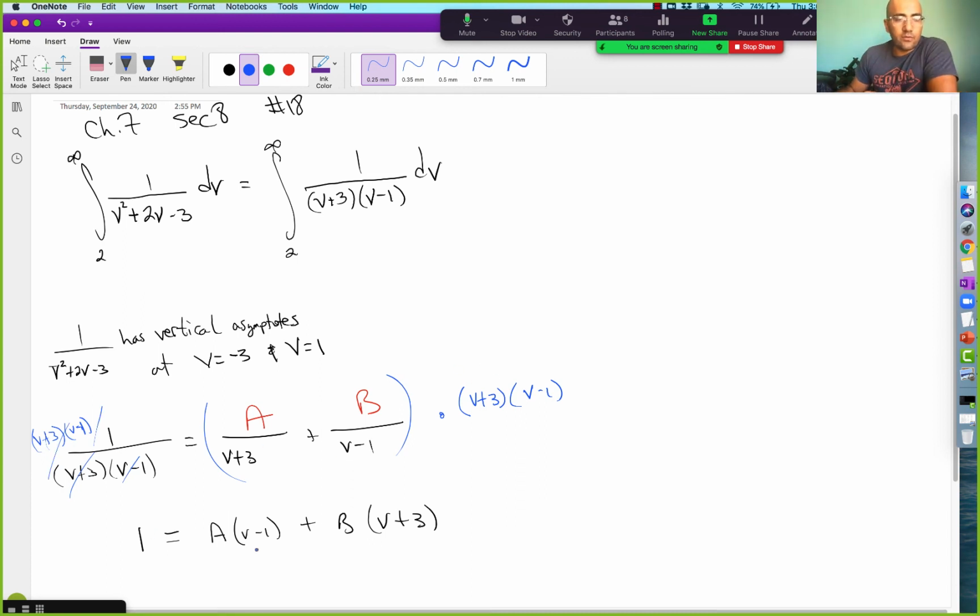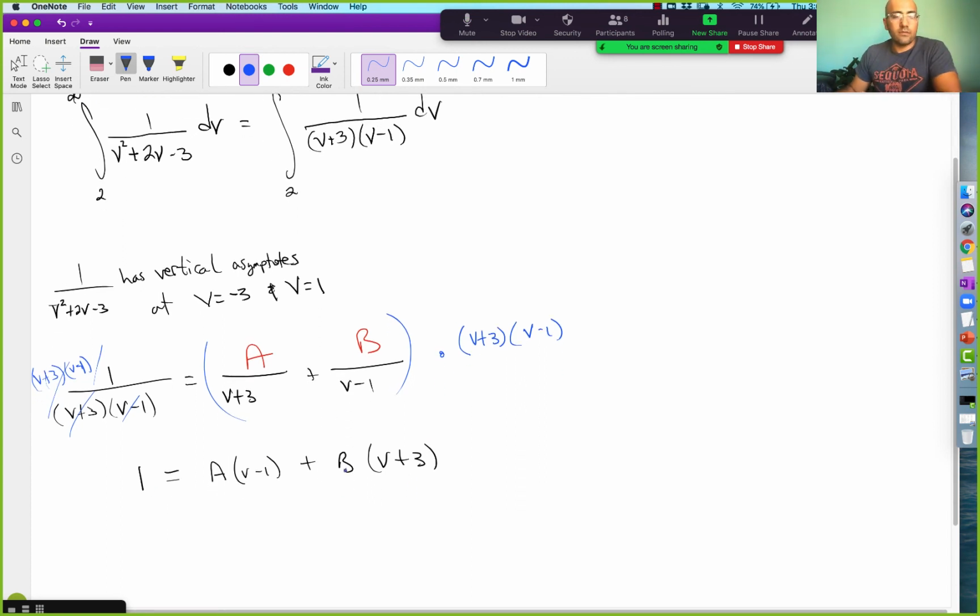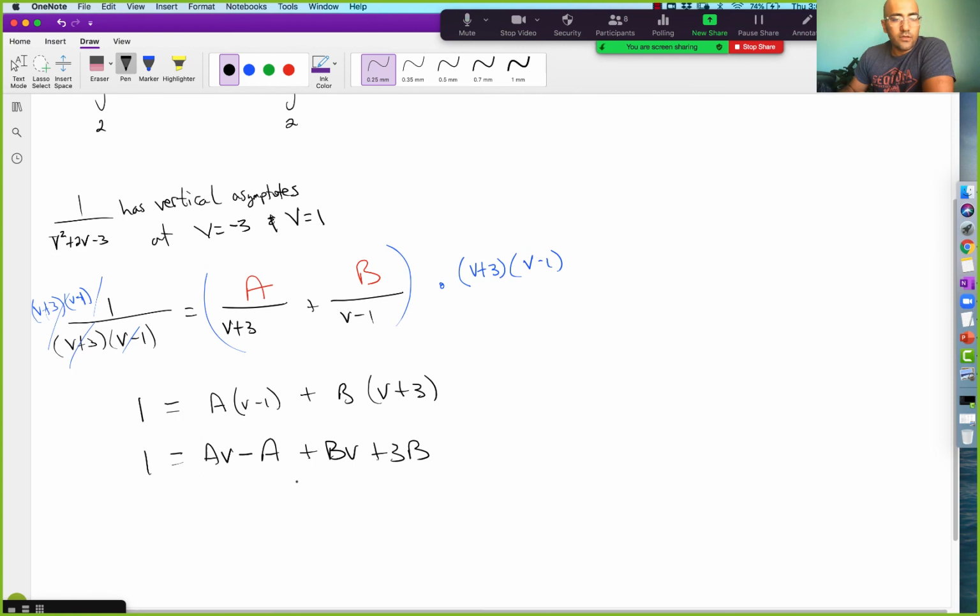And then when I distribute, I end up with this. Good. So now if I, again, distribute this, I get 1 equals AV minus A plus BV plus 3B. Good. So, grouping, I end up with 1 equals A plus B times V, plus 3B minus A.